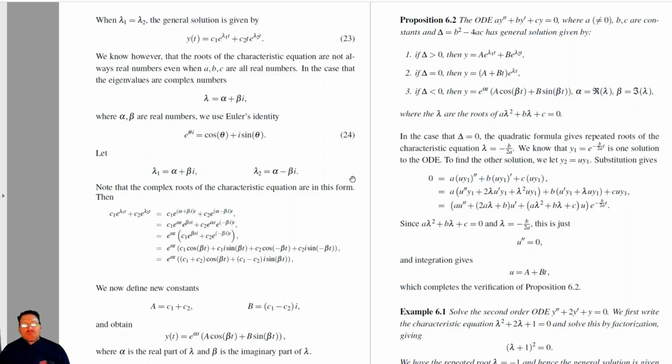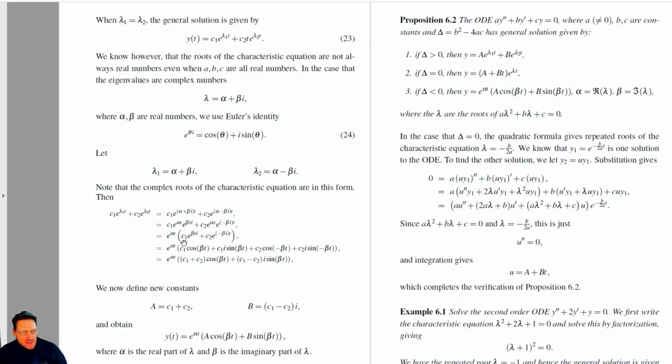And now we want to simplify this a little bit, right? Because an exponent rule says we can break this up as a product. So we've got c1 e to the alpha t times e to the beta t i. And then likewise something similar here. Now we can see that e to the alpha t is common in both, so we can factorize that out the front.